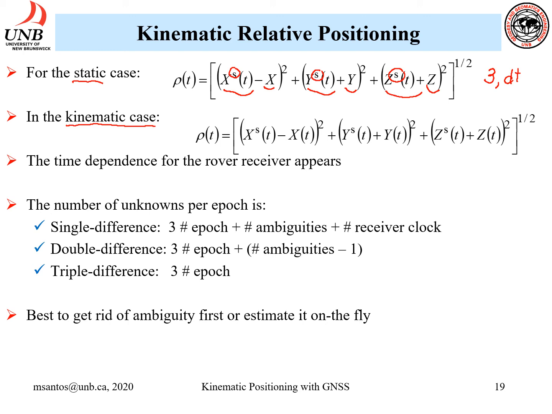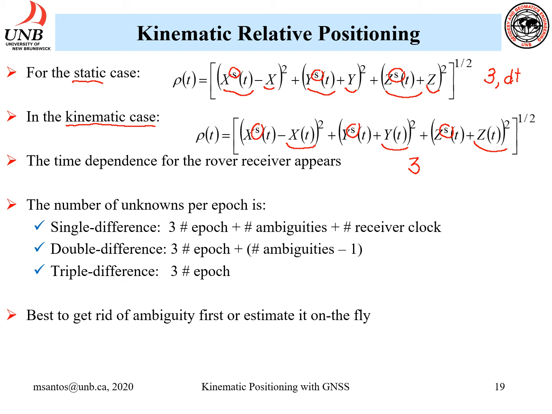Because we have, again, the orbits, which are given, by the way, you know that, the satellite orbits, and now the receiver is located at a different position at every single time t. So at every epoch, we have 3 unknowns.